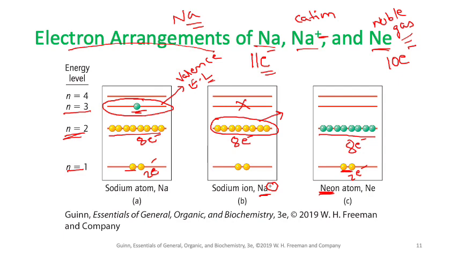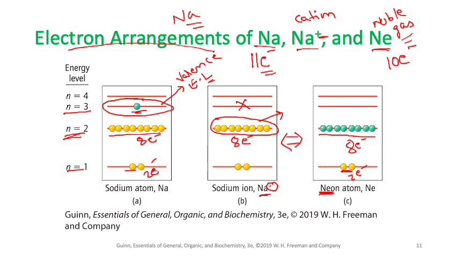Octet rule. So this is a noble gas, it should have 8 electrons, but if you compare these two electronic configurations between Na plus and neon, both have the same electronic arrangement. So that means after donating 1 electron, sodium plus, the sodium cation, became stable, like neon, like a noble gas element. So this is why sodium can donate only 1, not more than 1.